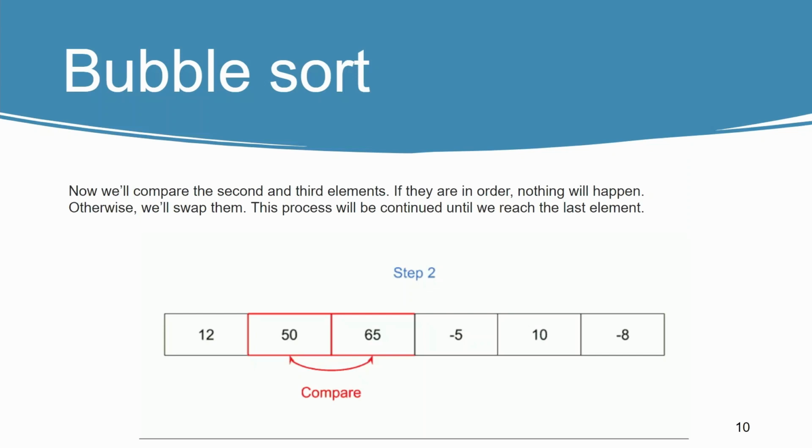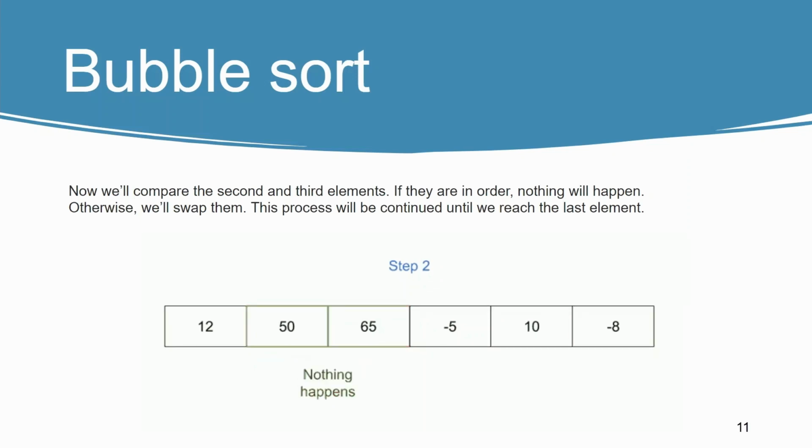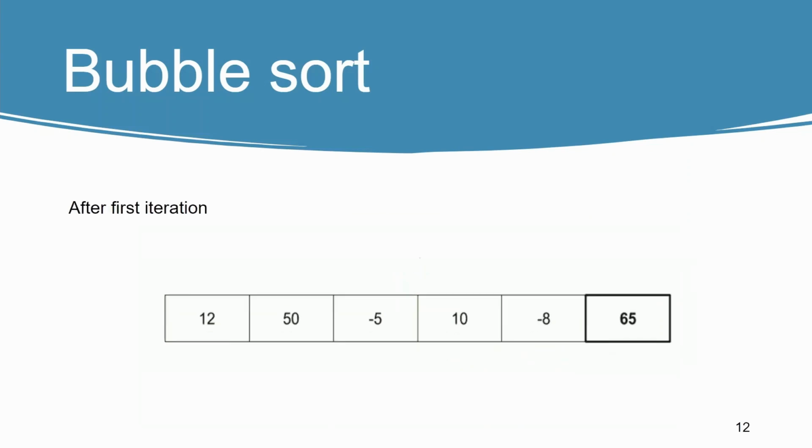This process is continued until we reach the last element. In the third step, we can see that 65 is being compared to -5, then to 10 and -8. As it is bigger than all of these numbers, 65 comes at the end of the iteration. As you can see, 65 is at the last position right now.